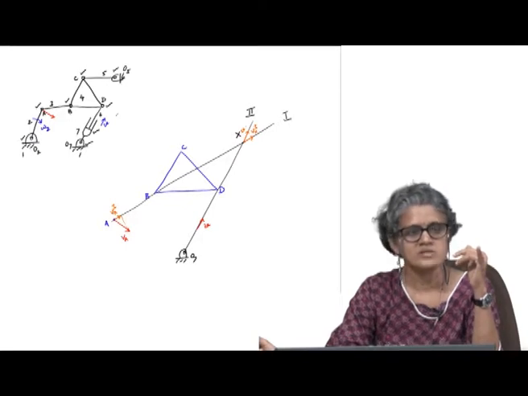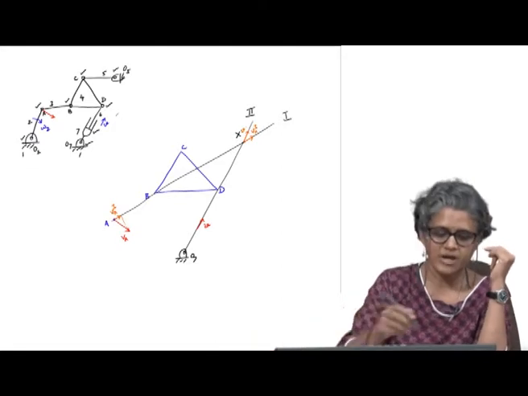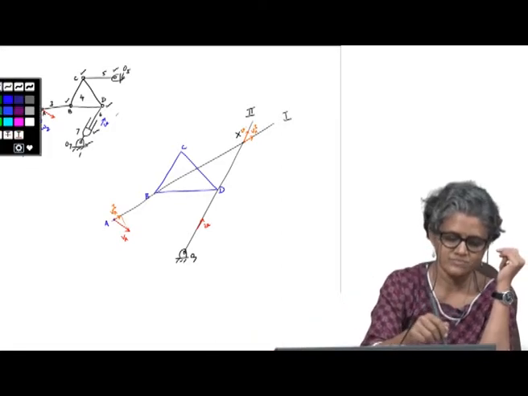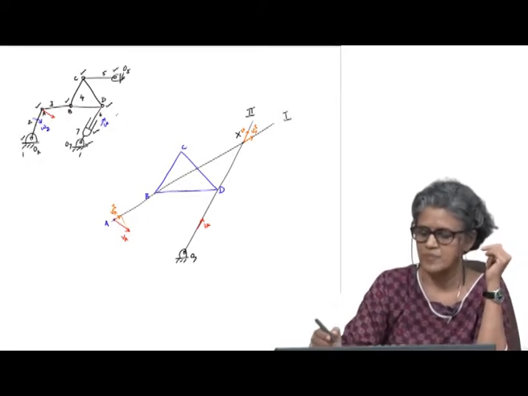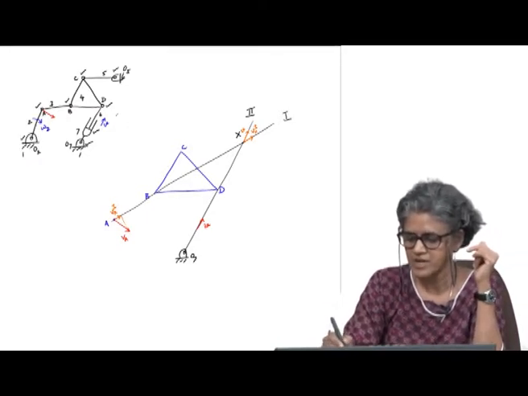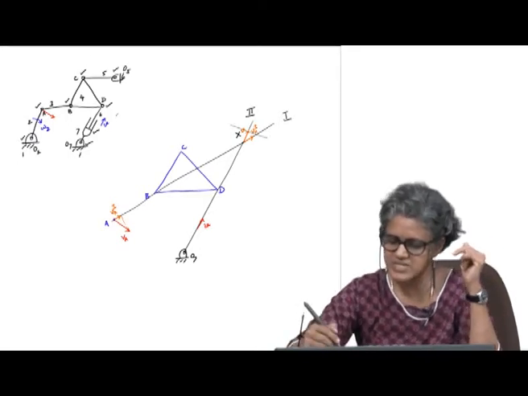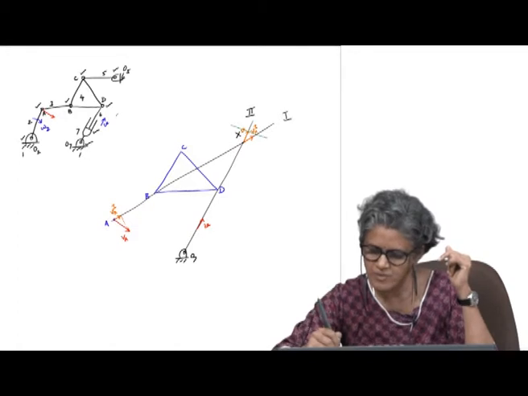So, that means if I draw the perpendiculars to these two, the velocity vector for that will lie on the intersection of those two.